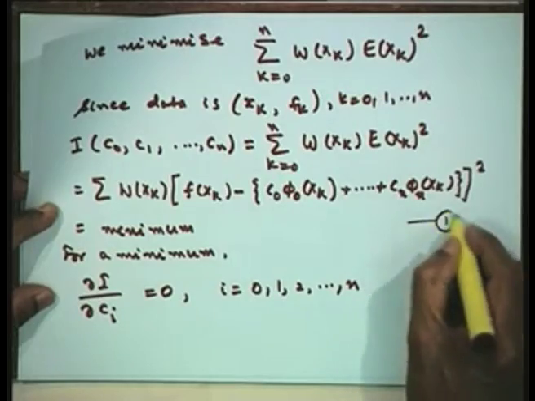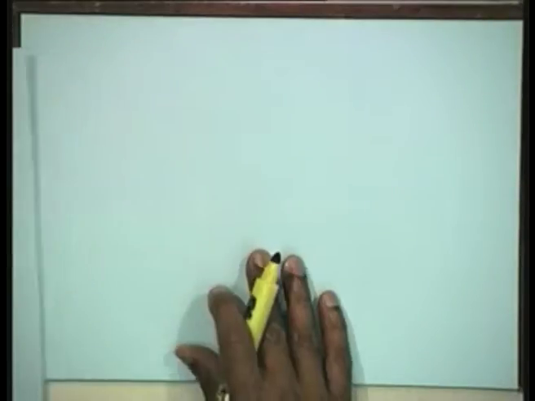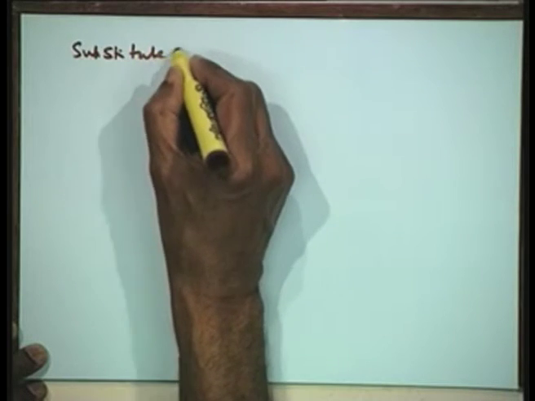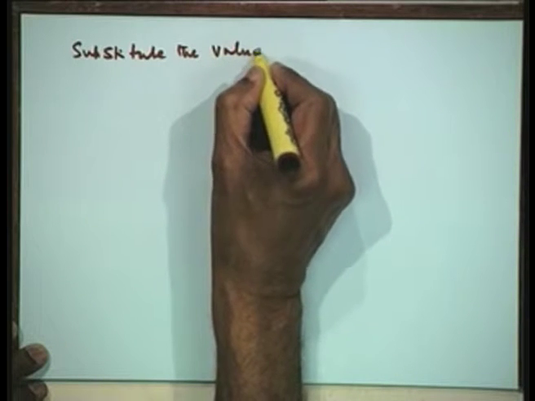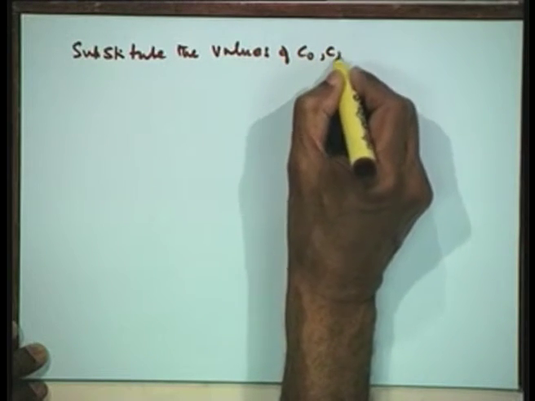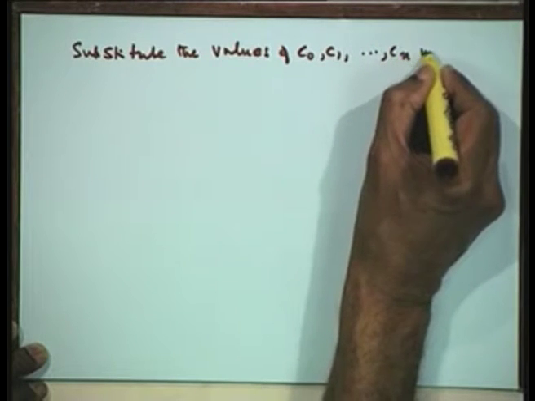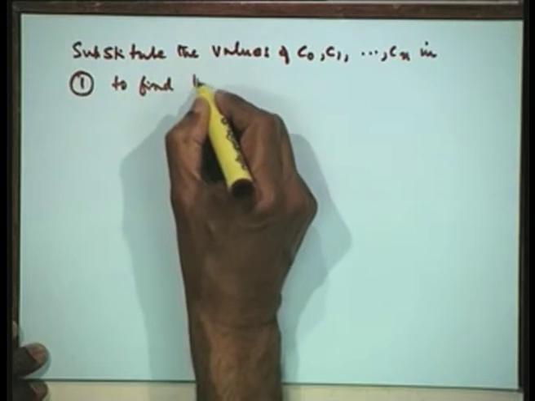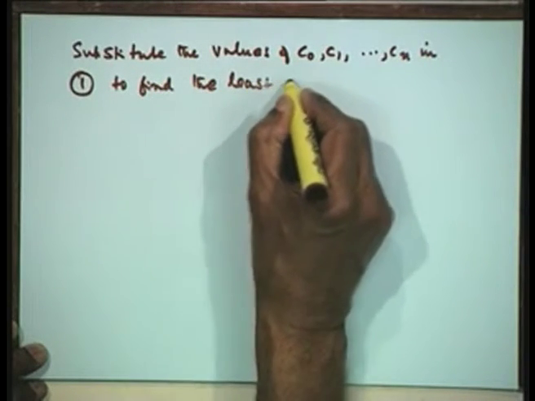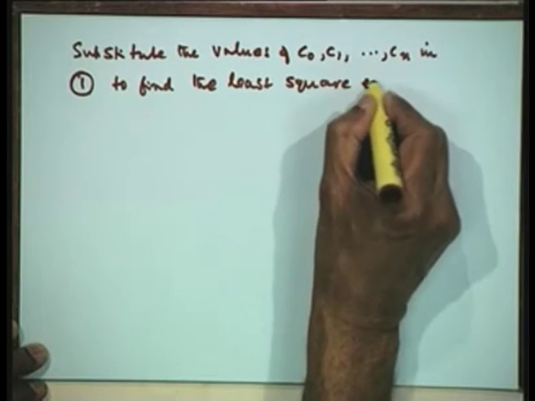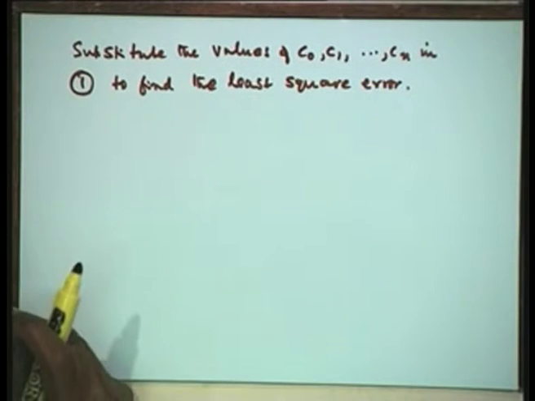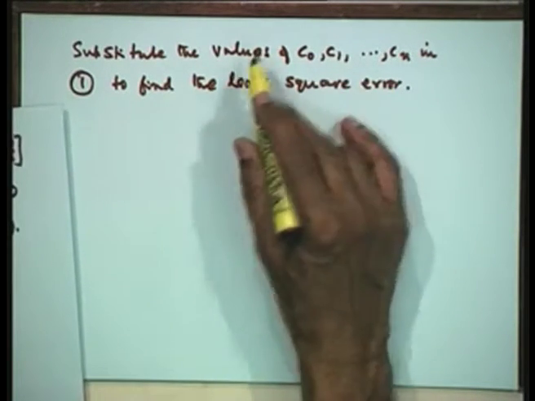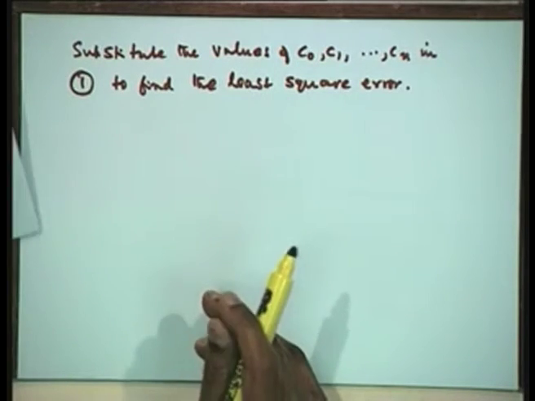Therefore, if I put this as 1, then I can say that we substitute the values of C naught, C 1, C n in 1 to find the least square error. That is the total error that we have committed under the least square approximation, which we would get by substituting the values of C naught, C 1, C 2, C n in this particular equation.